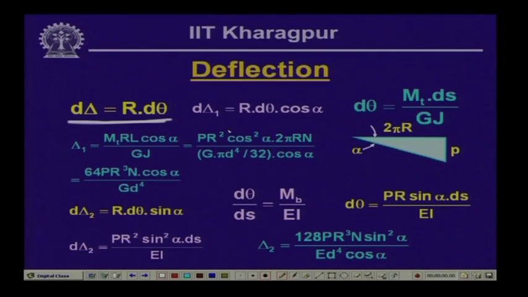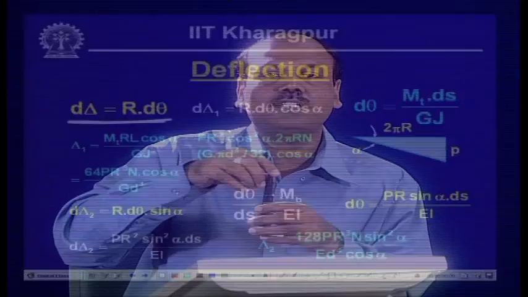If you remember, when the closed coil helical spring was subjected to the axial pull, we had evaluated the vertical component of the deflection that it undergoes because of the twisting moment, and there of course, we had disregarded the effect of the transverse shear. We had shown that because of the twisting moment it undergoes a vertical deflection equal to r times d theta, where d theta is the rotation generated because of the twisting moment T, which is P times r.